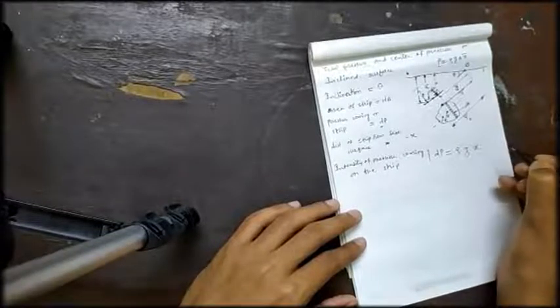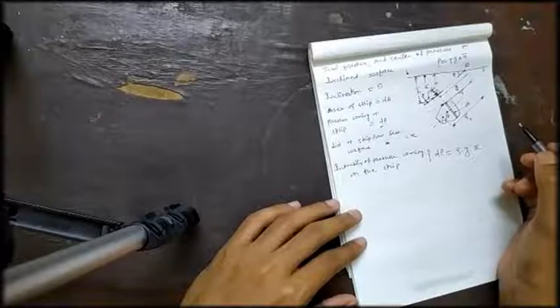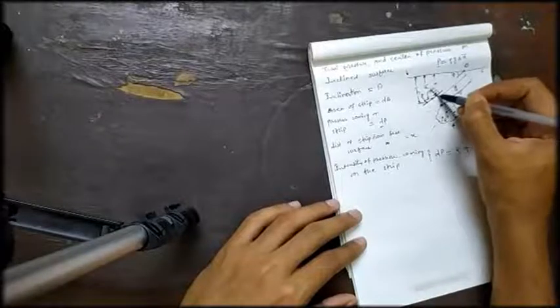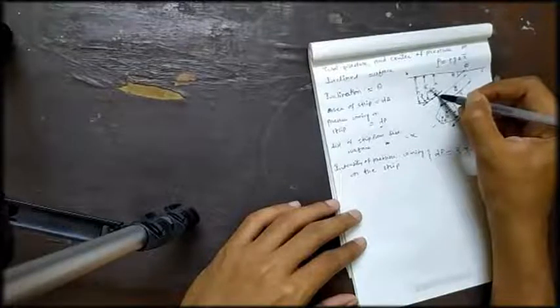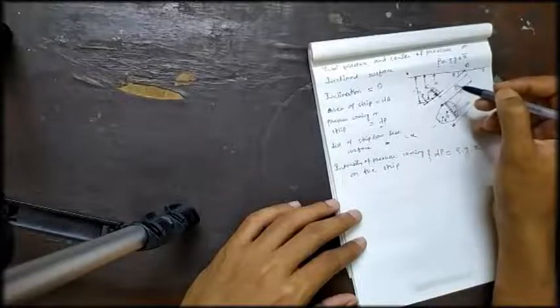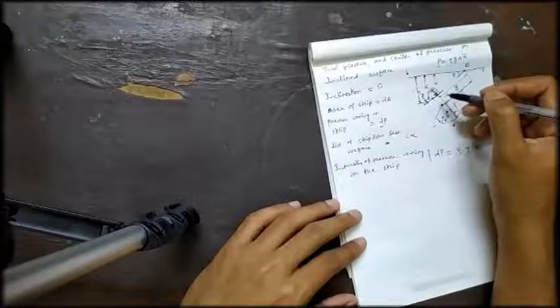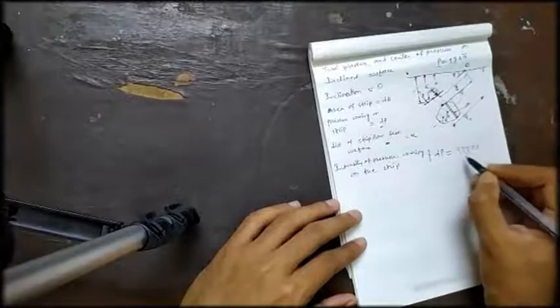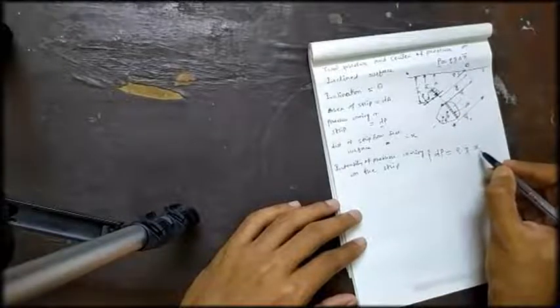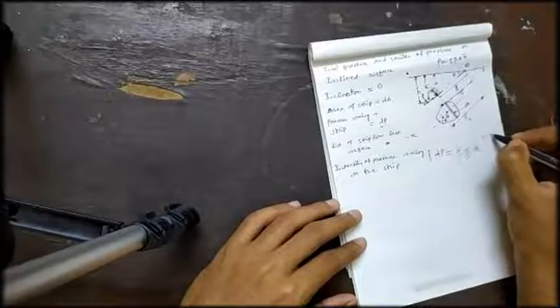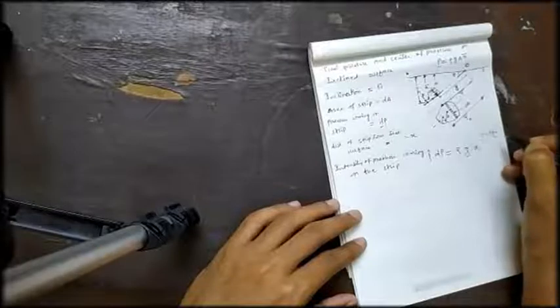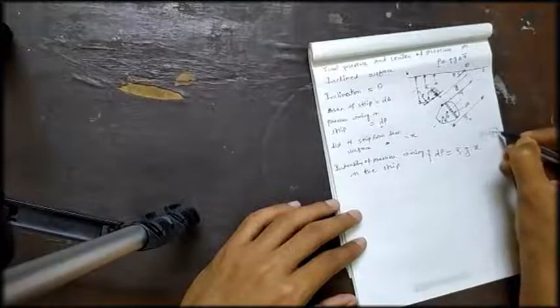Why? Because the strip is over here, so we can find the pressure coming on this point by using this formula, rho into g into x. Previously we found P is equal to rho g h, that was the formula of pressure head. So this is the formula.